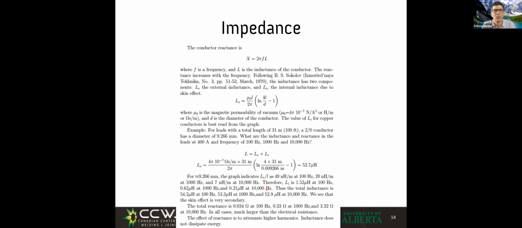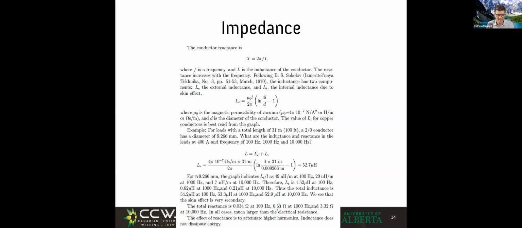So what it means is that inductance opposes changing currents. Inductance opposes pulsing. And if you have DC, inductance doesn't matter.